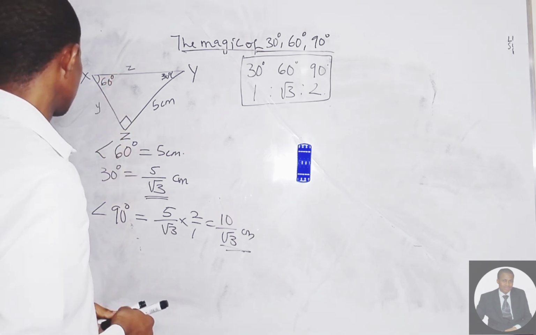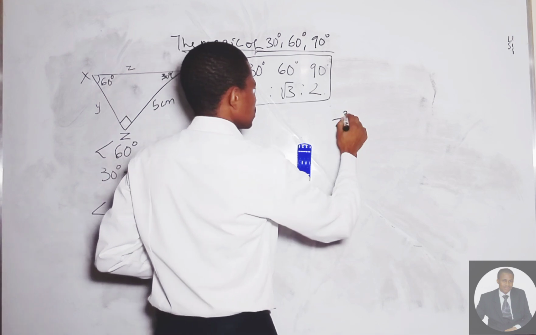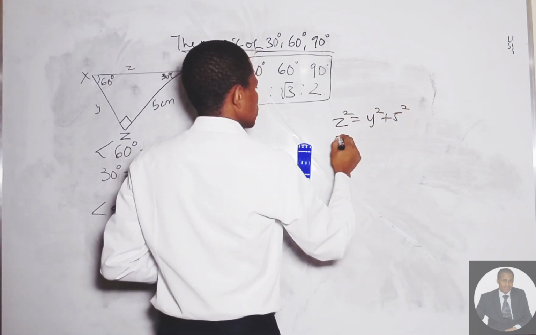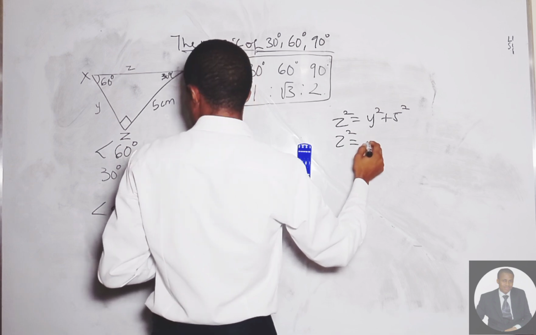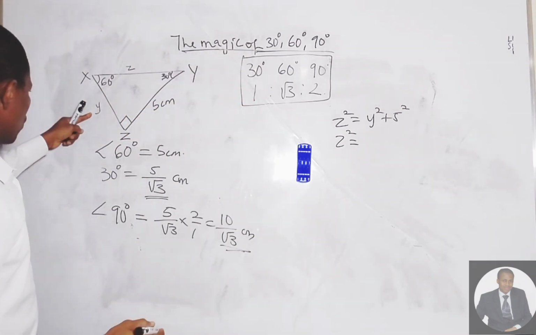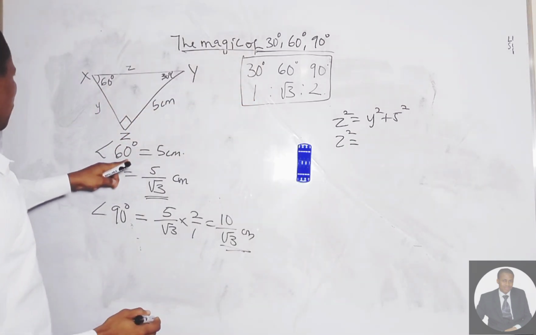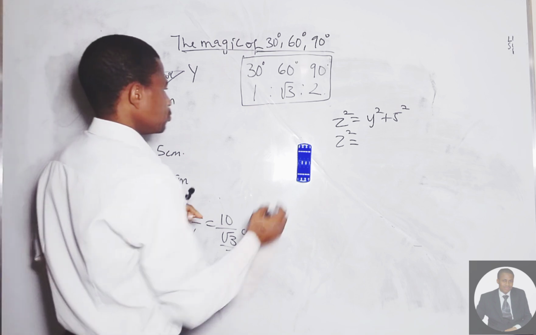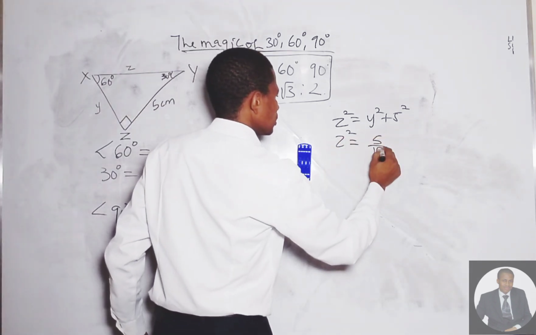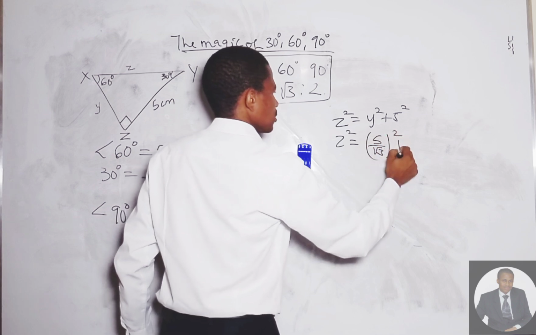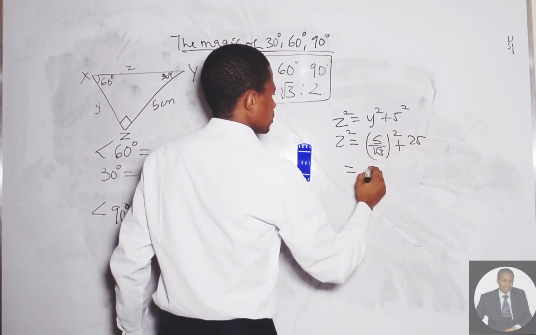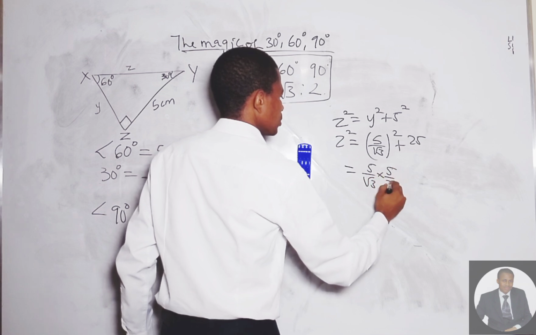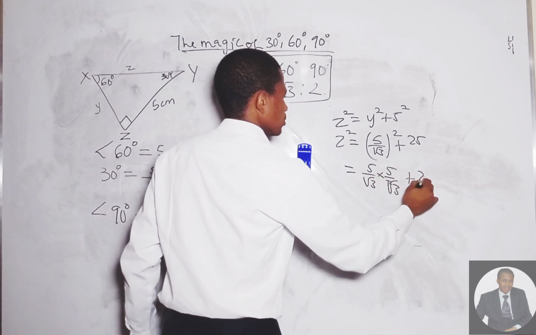Z is the hypotenuse. Let's say z squared equals y squared plus 5 squared. So z squared is 5 over root 3 squared plus 25. This is 5 over root 3 times 5 over root 3 plus 25.